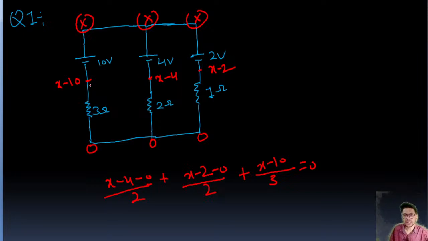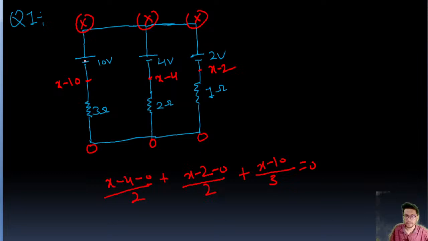Very simple, guys. Because at these 3 points the voltage should be equal, we have taken x, and we have taken 0 at the other points.